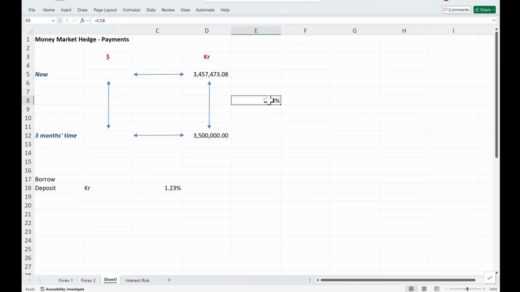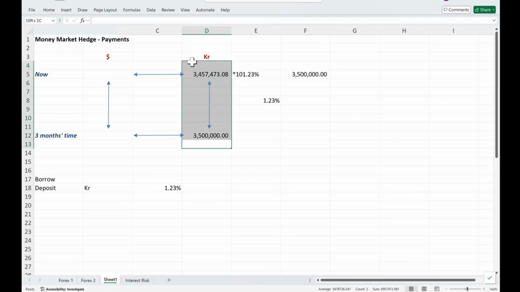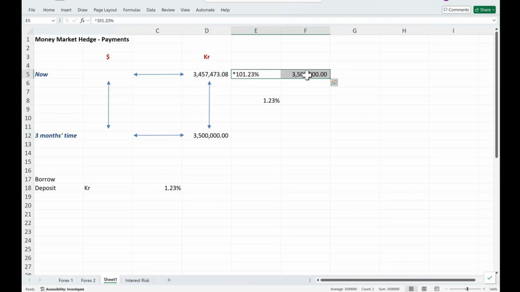Simply multiply this by 101.23% and you will get exactly this answer. So I'm doing compounding now. This is compounding. When I move this way, this is discounting. Is it clear, Arif?